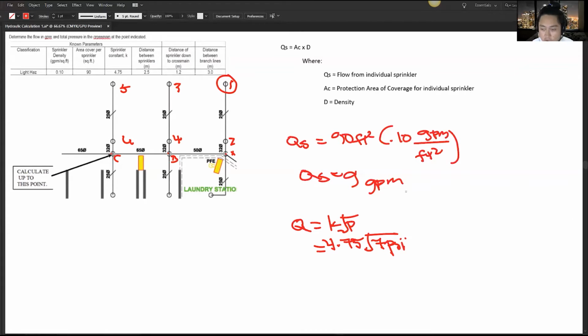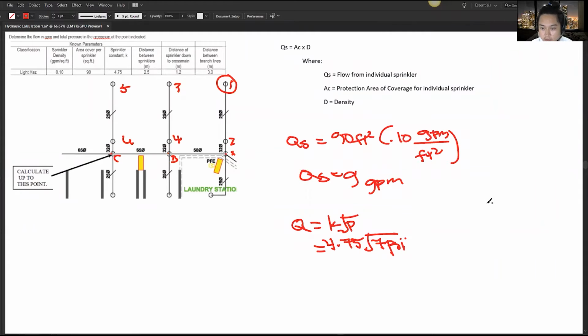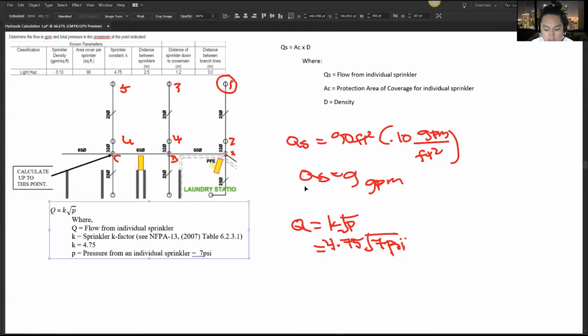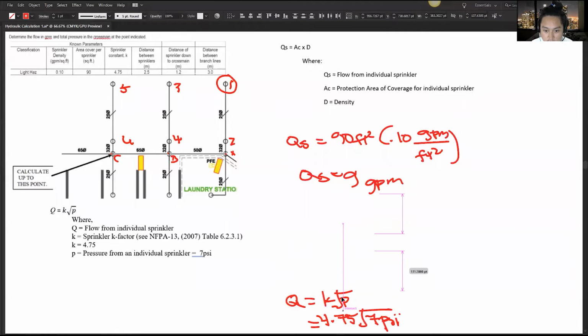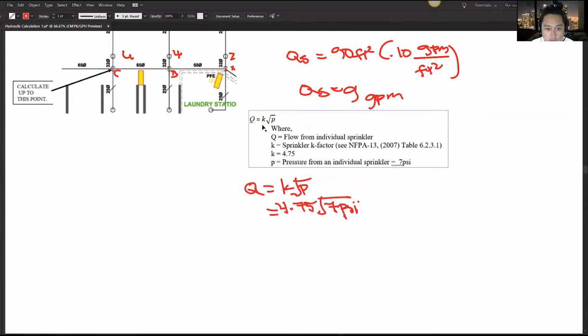I'm just going to let you see the definition of the equation. This is from NFPA, here you go. You may want to have a look at this one. I'm going to put that here, and this one here and here. So let's define the equation again. Q is the flow from the individual sprinkler, in GPM.